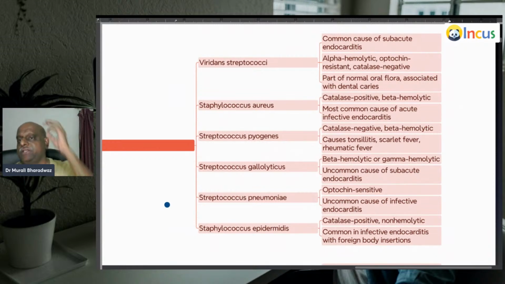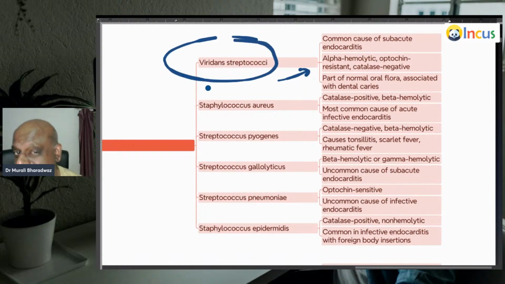Alpha-hemolytic, optochin resistant, catalase negative, part of normal oral flora with dental caries, subacute endocarditis: viridans streptococci. Catalase positive, beta-hemolytic, most common cause of infective endocarditis is Staph aureus.